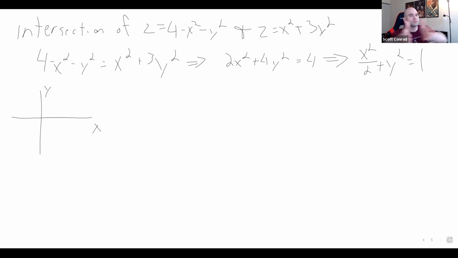So how far along in the x direction does the ellipse go? Careful. Remember, when we were drawing traces, we looked at x squared over a squared plus y squared over b squared equals 1.